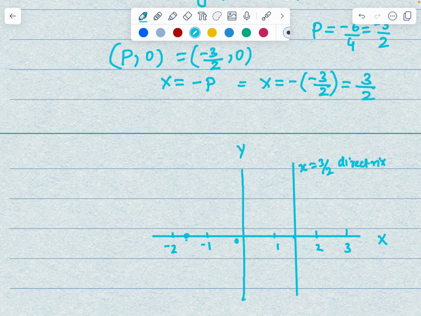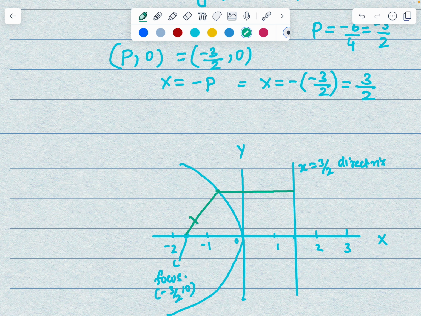So it's all the points that are equidistant. So this is our focus, negative 3/2, 0. And so all of my points are going to be, this is my parabola. So basically, all these points are equidistant from this and this.